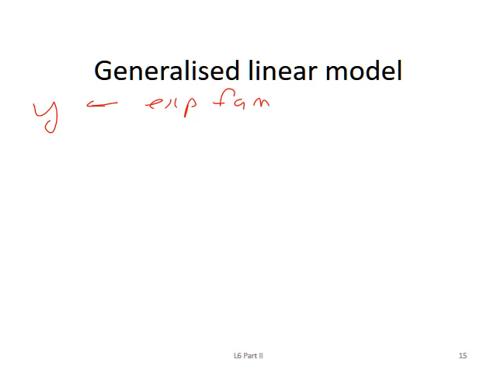The distribution of y is then a member of the exponential family. Also, we have the linear predictor eta, which is a linear function of the explanatory variables, for example, beta naught plus beta 1 x1 plus beta 2 x2 if we have two explanatory variables.